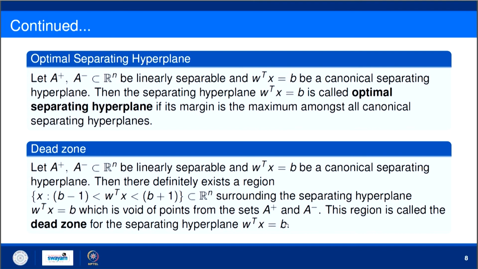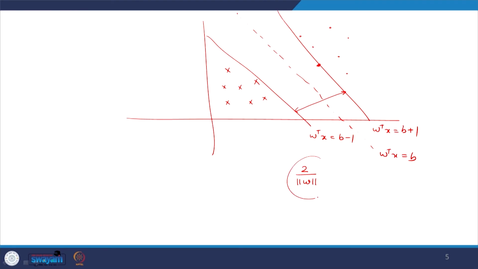Then this is called the optimal hyperplane if the margin between the bounding planes is maximum. That means if this distance between the two bounding planes is maximum, then we say that this plane is called the optimal separating hyperplane.